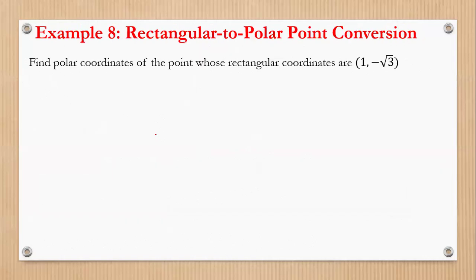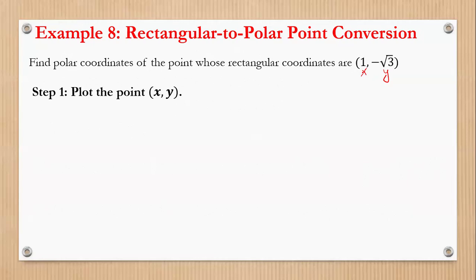So let's look at the next example. We want to find the polar coordinate of a point whose rectangular coordinates are 1 and -√3. When it says the rectangular coordinates are 1 and -√3, that means x and y are given to you. When you want to find the polar coordinate, that means you want to find r and theta. So first of all, step 1, we want to plot the point on the coordinate plane.